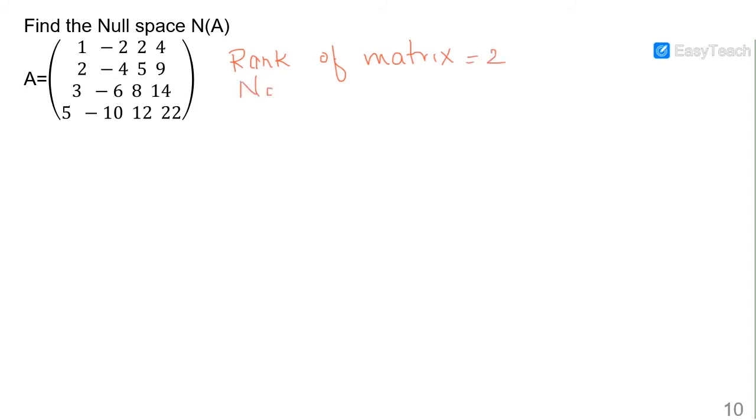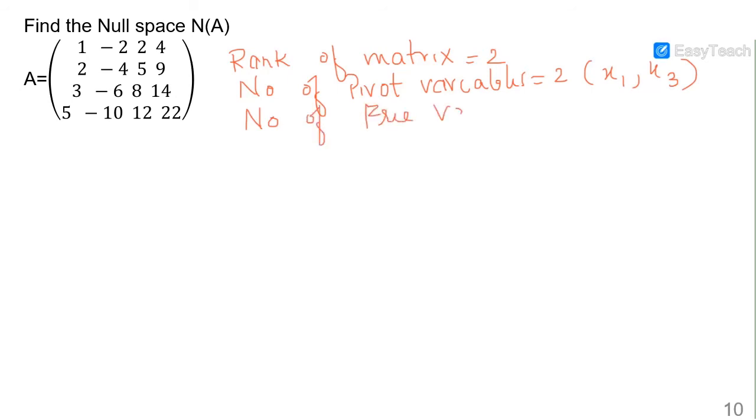Number of pivotal variables is equal to 2, x1 and x3. Number of free variables is also 2. It is x2, x4.